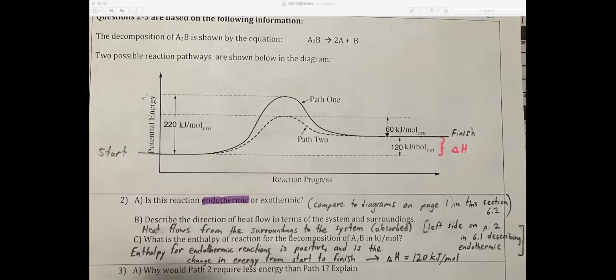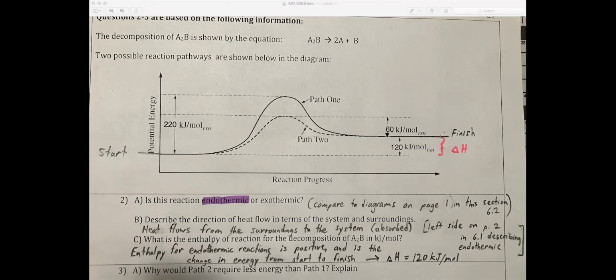Is this reaction endothermic or exothermic? So you can compare these to the diagrams and kind of memorize what's happening with the diagrams. That's one way to do it. Other ways to think about the total change in enthalpy. Total change in enthalpy is this H here. That's the difference between the start and the finish. If something is gaining energy going into the system, it looks like what's happening here.